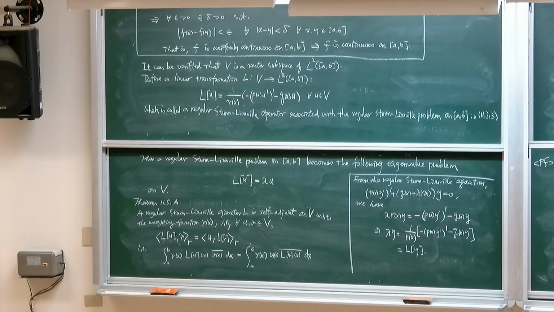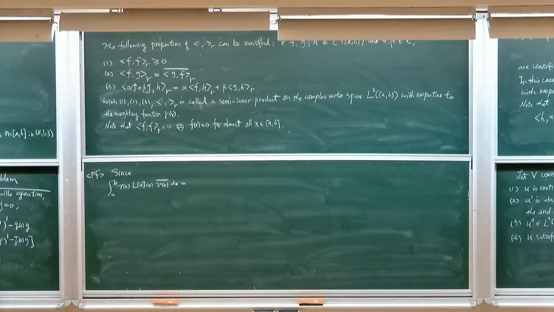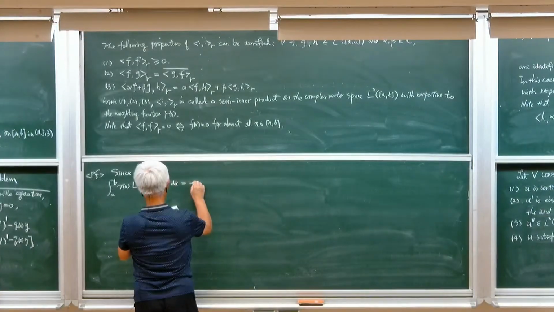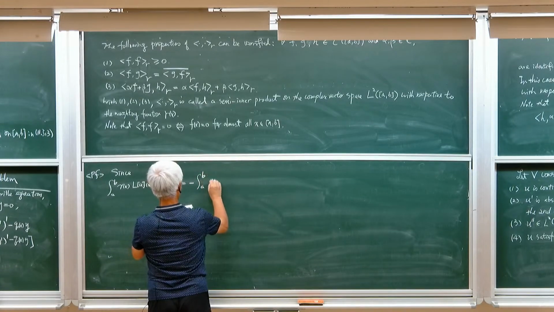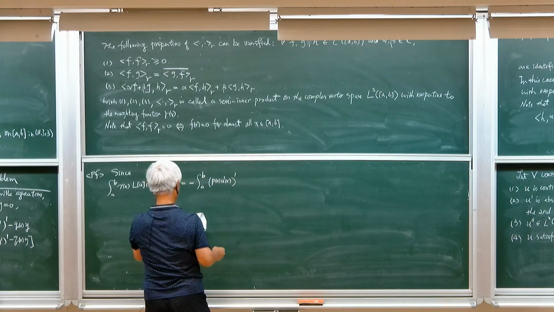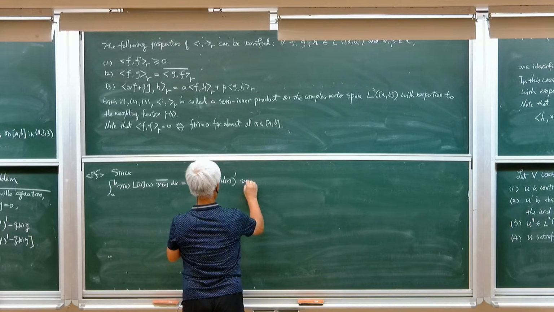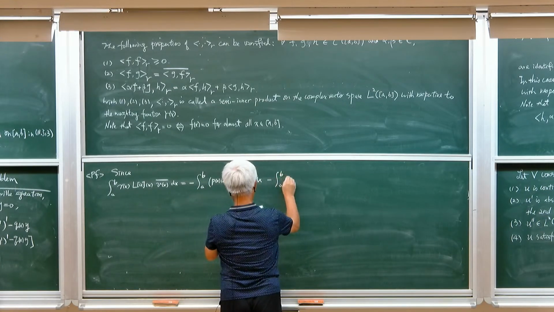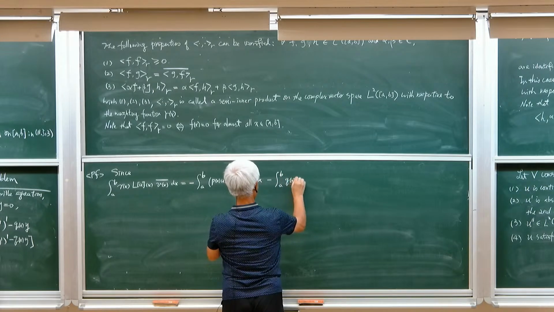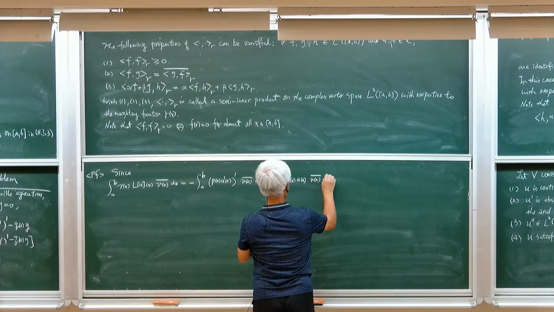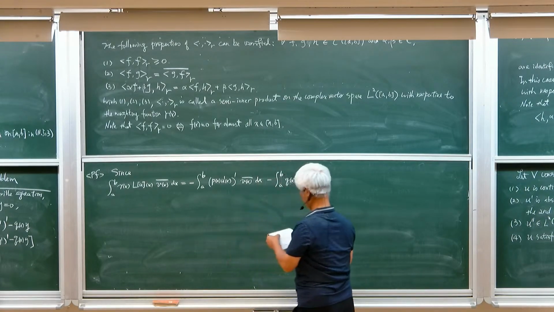So we have two terms here: minus the integral from a to b of p of x, u prime of x, prime, times v of x bar dx, minus the integral from a to b of q of x, u of x, times v of x bar dx.